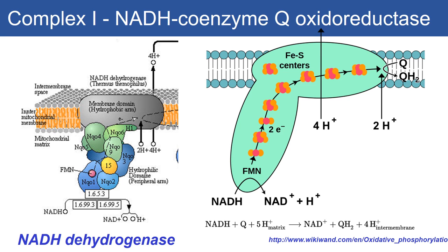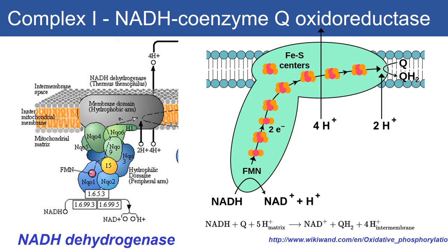We're not quite sure how this works, but there are definitely conformational changes in the complex that allow the binding of the protons on the N side of the membrane and their release on the P side.